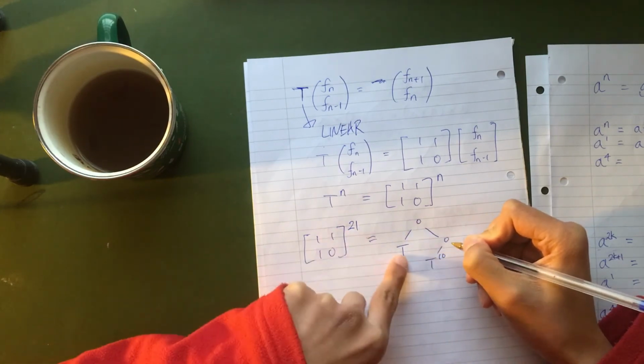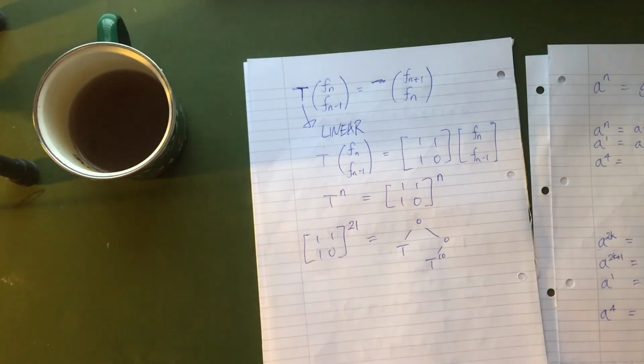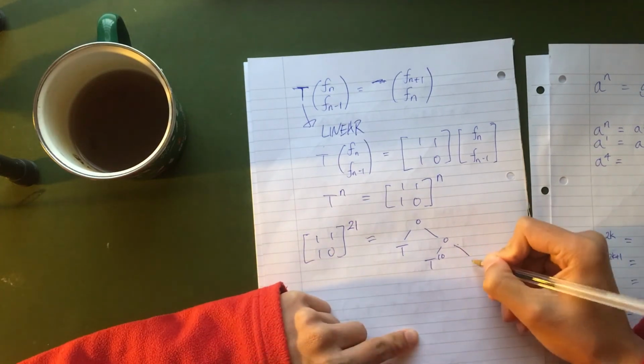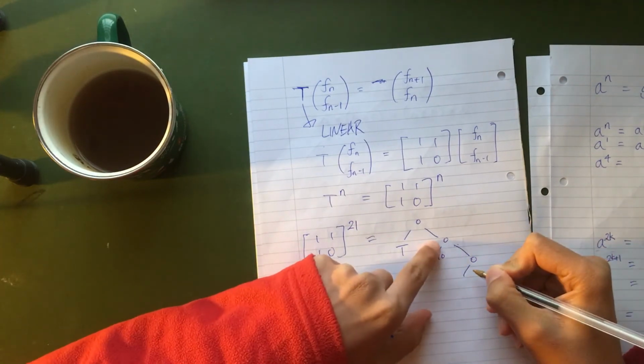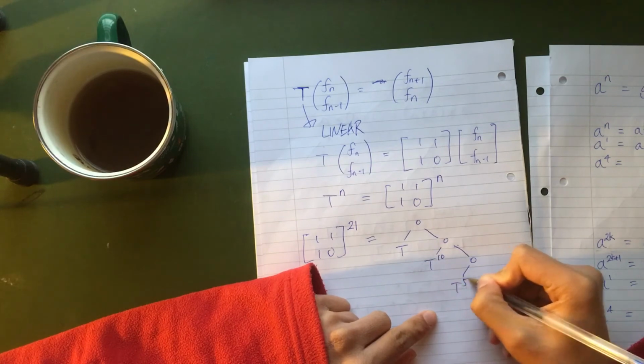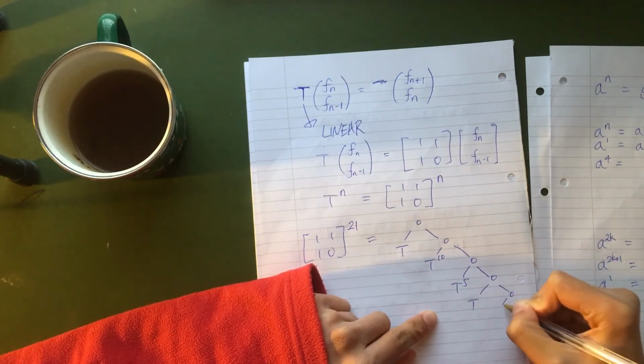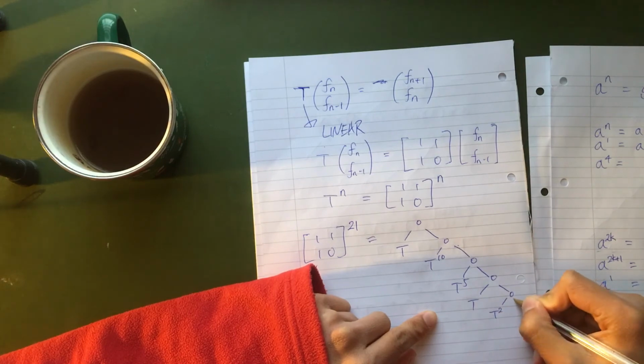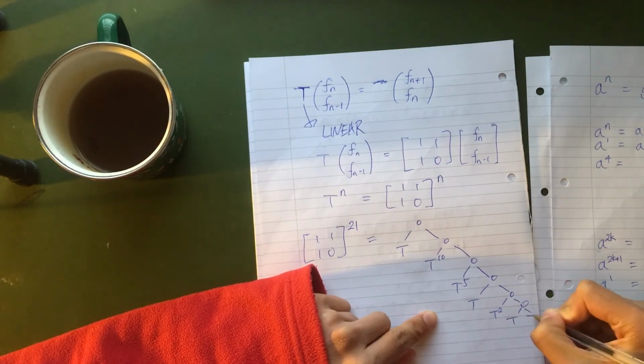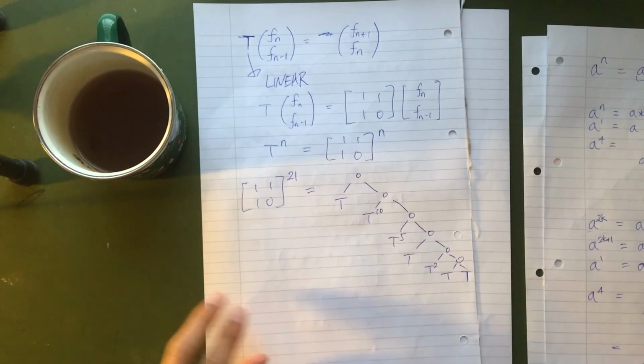So this is the odd case, so we tack something extra on. And then it looks at the remaining 10 and says, okay, that's T to the 5. And T to the 5, it goes to the odd case again. Then we go to T squared, compose T, and so on. Okay, so this is the same tree as earlier.